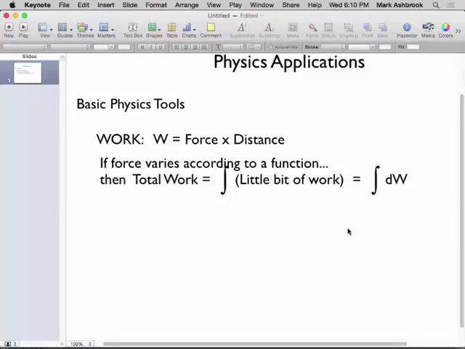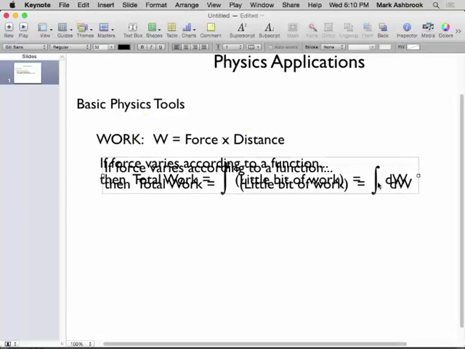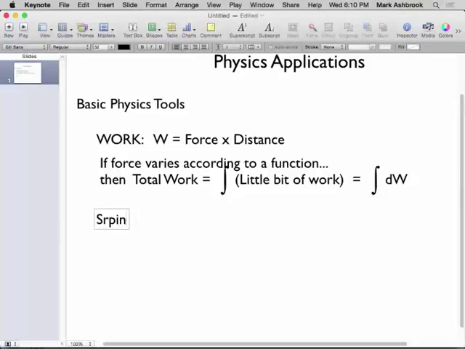Okay, so work for a spring is a little bit different. For springs, the force required to stretch a spring is the spring constant times the displacement.